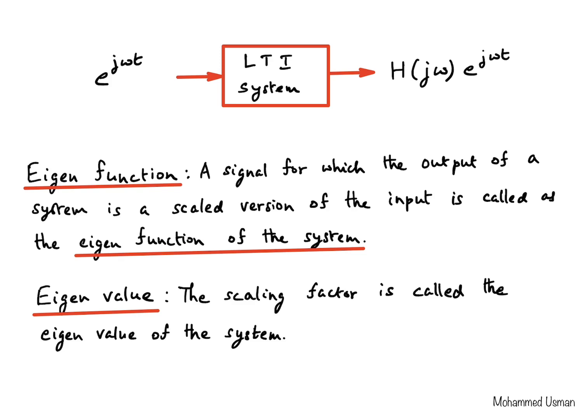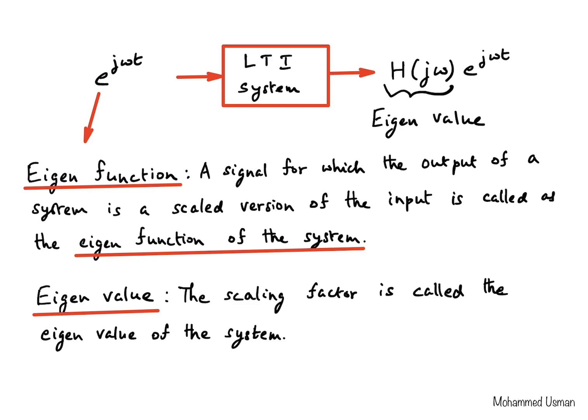So this h of j omega that we have here denotes the eigenvalue, and the e power j omega t, which appears as it is here at the output, scaled by the scaling factor or the eigenvalue, we call this function the eigenfunction. So e power j omega t is our eigenfunction for this. So we have these two definitions now. What is an eigenfunction and what is the eigenvalue?